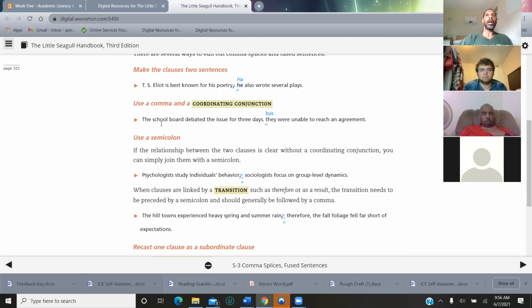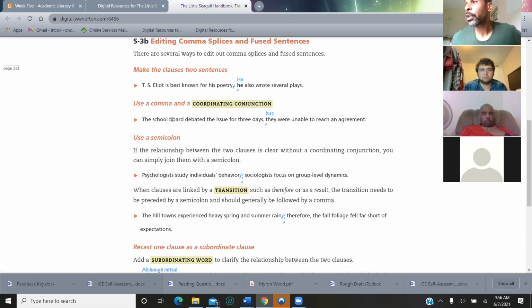capital letter here. My favorite, and I like coordinating conjunctions because they just help a paper, a sentence, a paragraph. They just help it flow smoother. All right. So for me, and this is just a personal thing, coordinating conjunctions work best for style points. Okay.